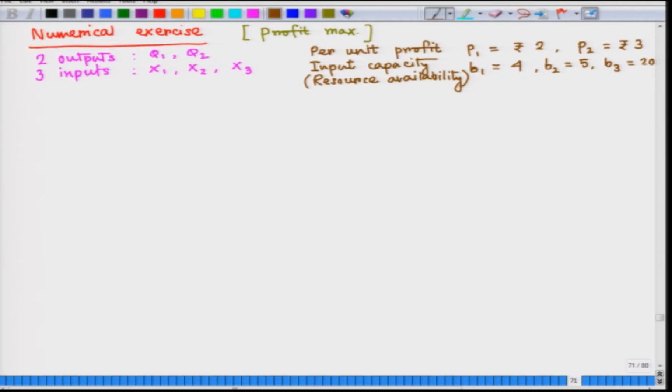Okay. So, now we are in a position to state our primal profit maximization problem.